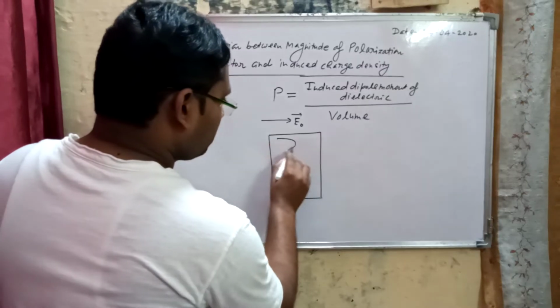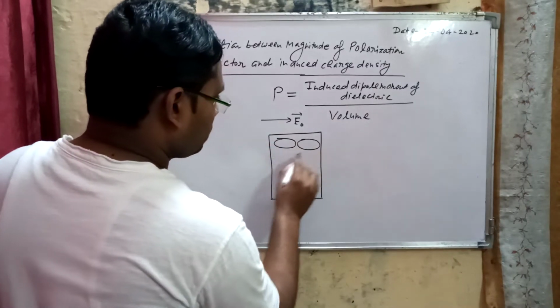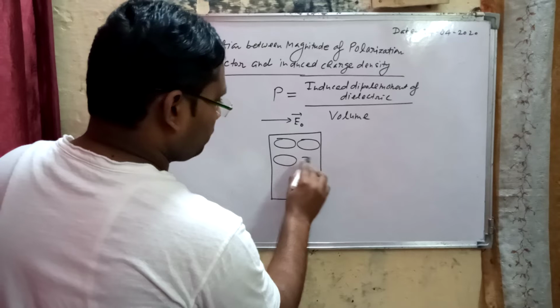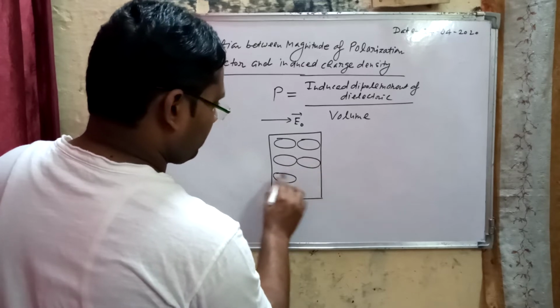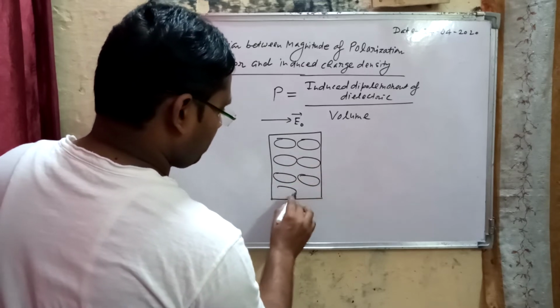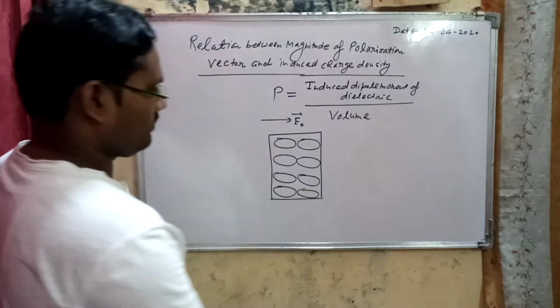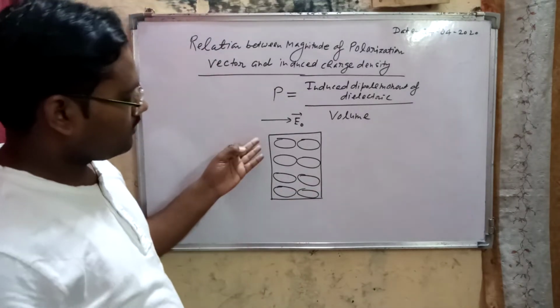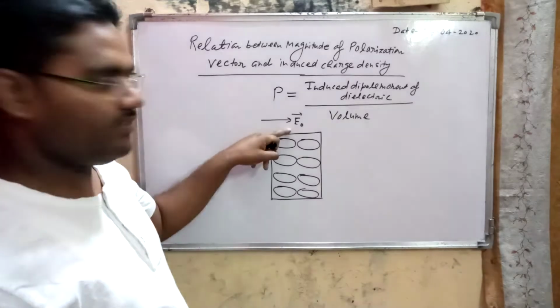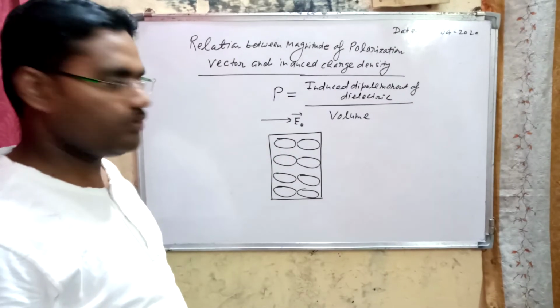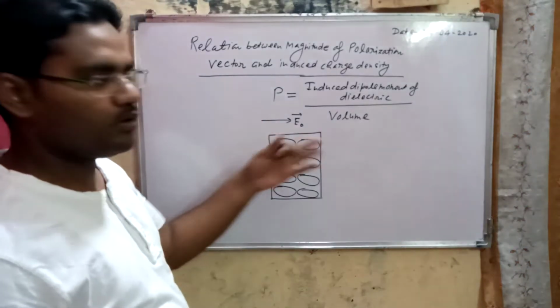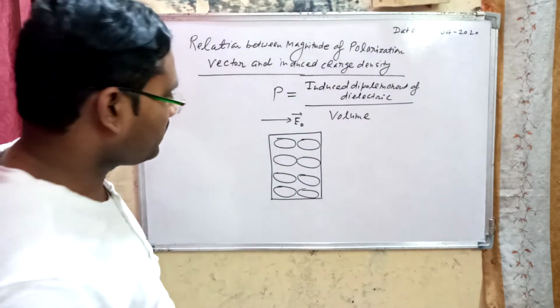Now here these are the molecular dipoles. When the dielectric is placed in an external field, the negative charge experiences a force opposite to the field and the positive charge experiences a force in the direction of the field.